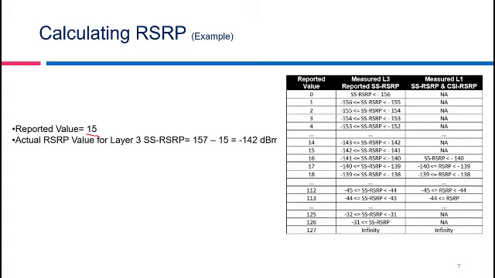So we use a very simple formula where we subtract the reported value from the maximum value. We are considering 157 as the maximum value. From 157, if we subtract 15, we get a result of minus 142. And this minus 142 is the result in dBm for the actual RSRP measured value at layer 3.